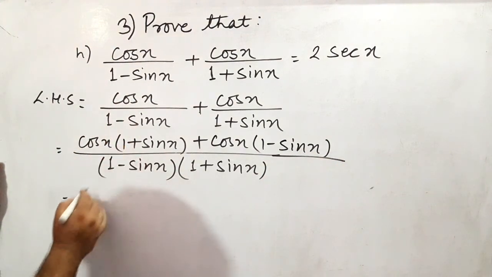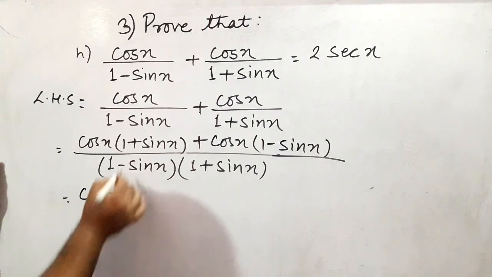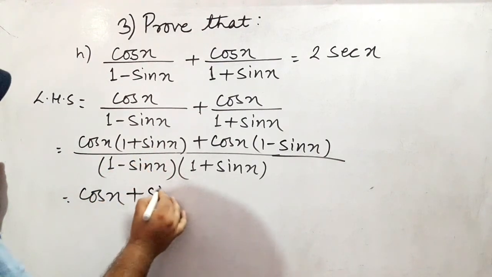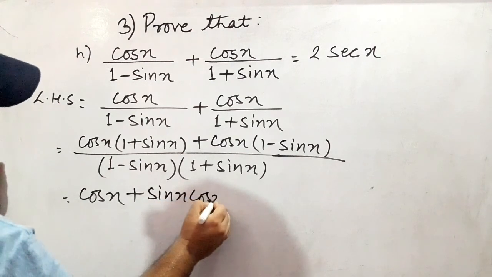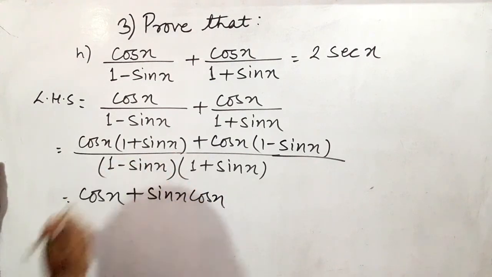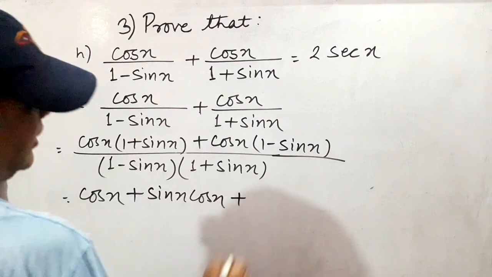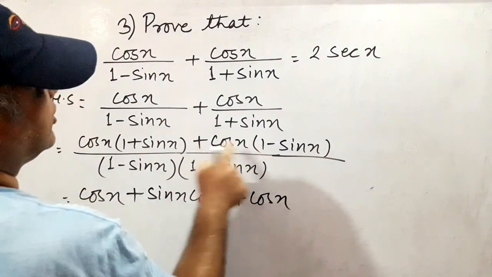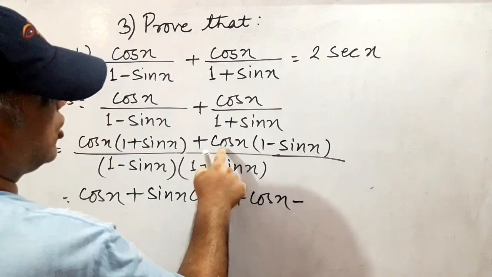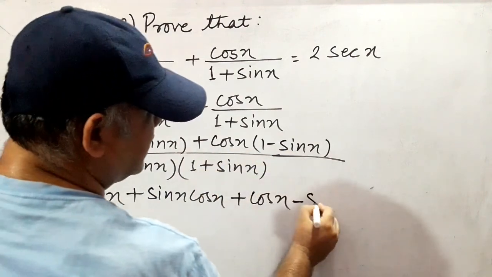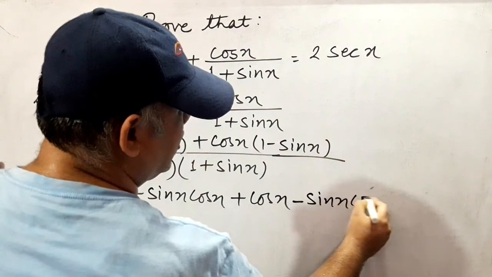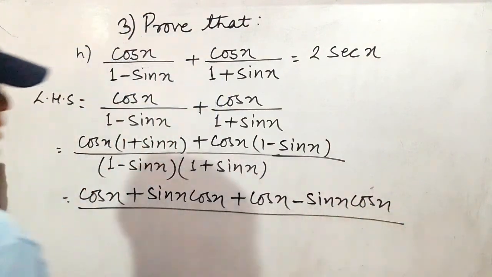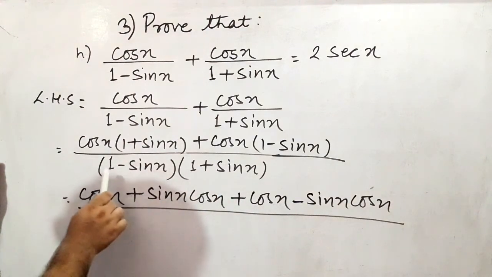Cos x into 1 is cos x, plus cos x into sin x, cos x sin x, it makes no difference, plus cos x into 1, cos x, plus cos x into minus sin x, minus cos x sin x, by 1 plus sin x into 1 minus sin x.